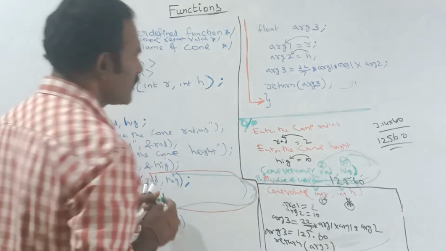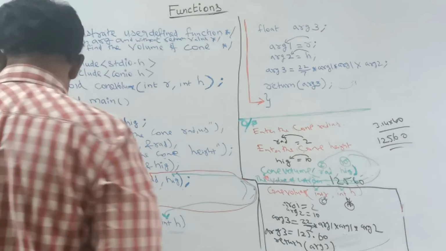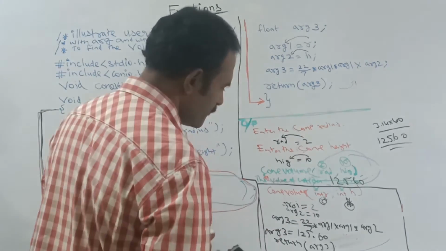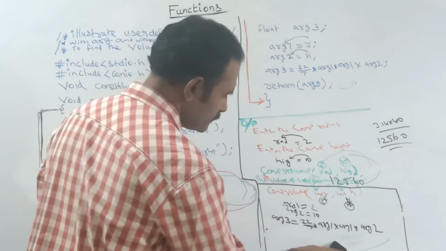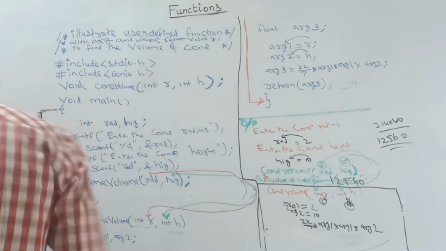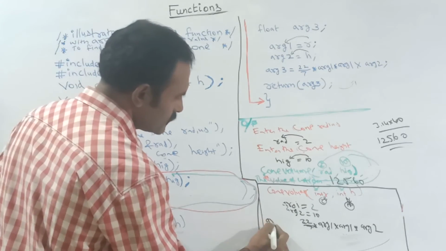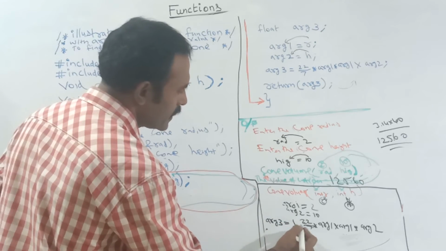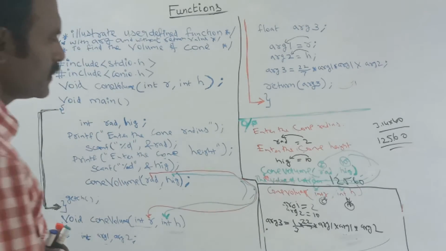Now I need to calculate the formula, 1 by 3 pi r square h. So here argument 3 is equal to 1 by 3 into pi r square h.